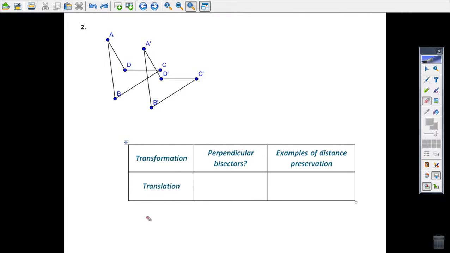And then, do you need perpendicular bisectors when you're making a translation? No, because it's parallel lines, so they're not necessary. How do you preserve distance? Well, AD and A prime D prime are the same because of the rigid motions. And then DC and D prime C prime are the same as well.